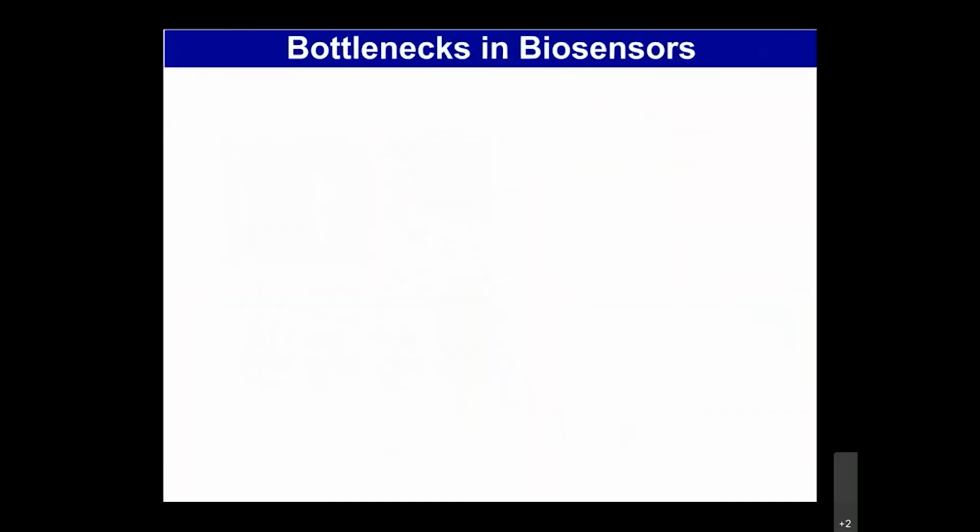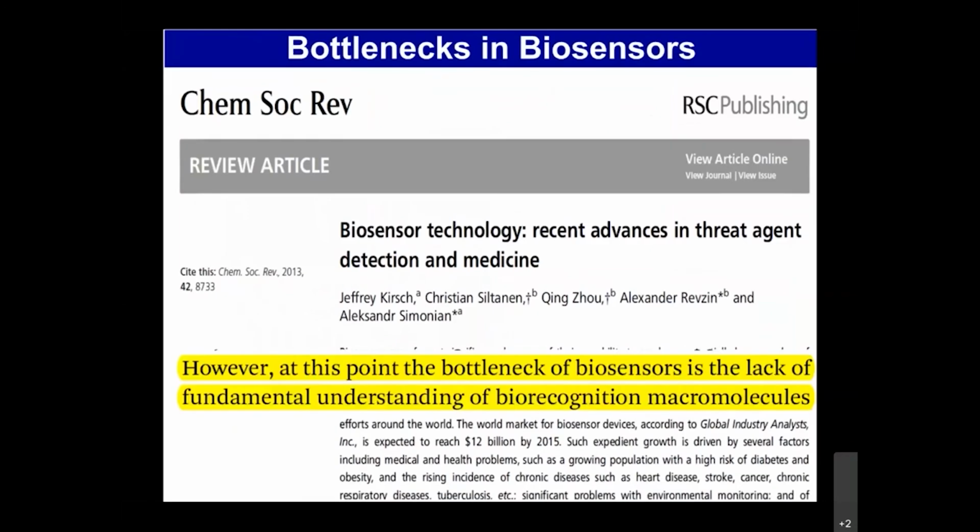And the reason for that is the fundamental building block in a biosensor, which is the receptor, right? You need to have that biorecognition macromolecule or receptor, which is robust and specific to a particular marker and also very stable in the field. Okay.